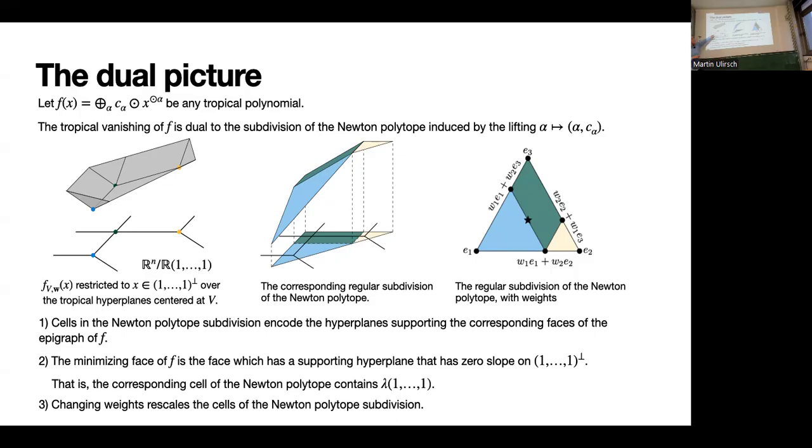And this picture below is in the tropical projective torus. The cells down here have a lineality space that contains the all ones vector, and the cells up here have a lineality space that's not exactly the all ones vector, but could have some extra slope. But when I do a restriction up here and a quotient down here, it preserves the correspondence between the cells here and the regions of linearity up here.